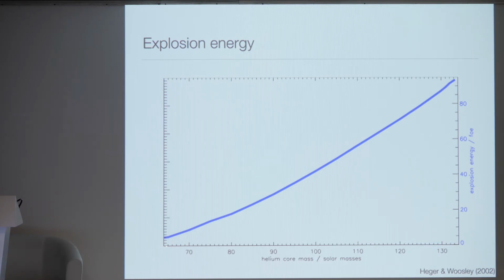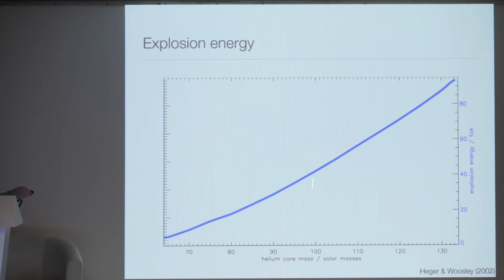But anyway, for the lowest end, the explosion energy, in units of 10 to the 51 ergs, is already like 5 times 10 to the 51 ergs, and as you go slightly higher, it's already like 10 to the 52 ergs.